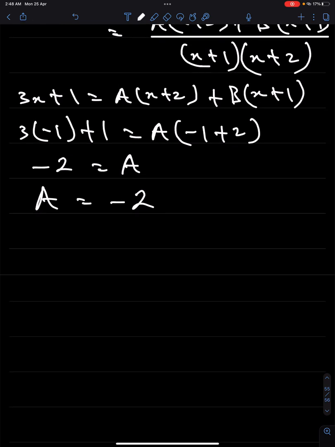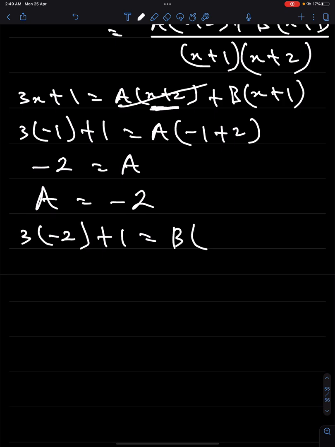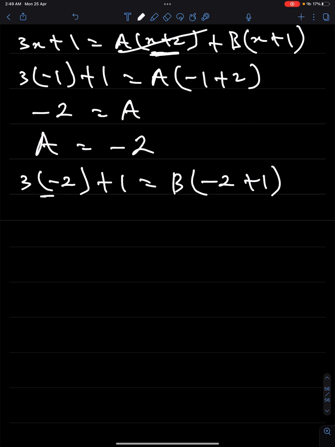Now if I put x equals minus 2 in the identity, that means 3 times minus 2 plus 1 equals minus 2 plus 2 is 0, so a will be gone, and I'll be left with b times minus 2 plus 1. So this is minus 6 plus 1, which is minus 5, equals minus 2 plus 1 is minus 1 times b, that's minus b. So that means b is equal to 5.